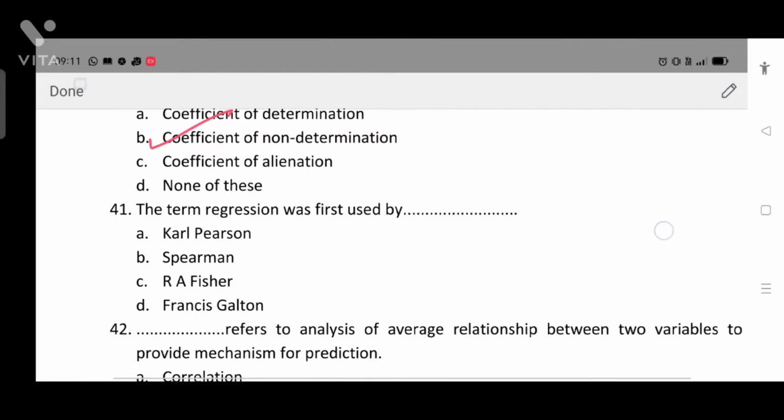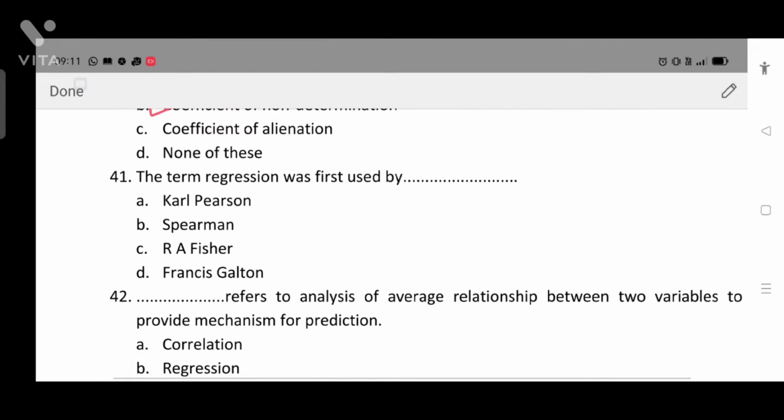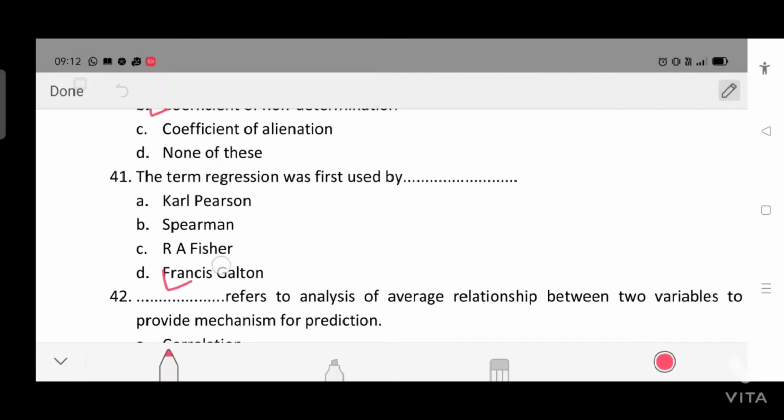The term regression was first used by A, B, C, D. Francis Galton.